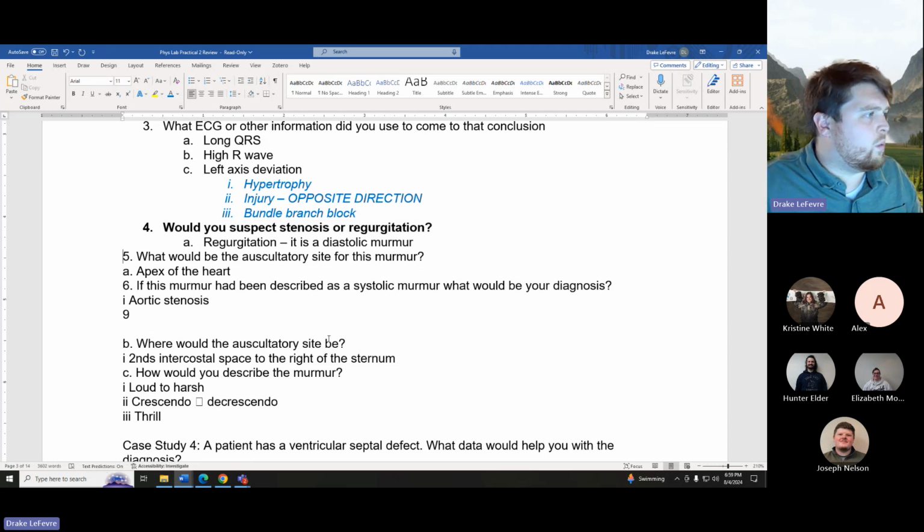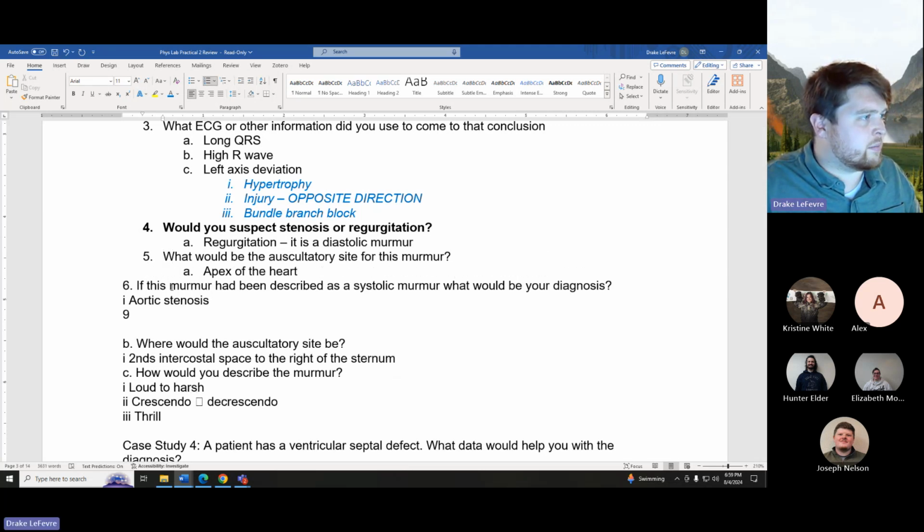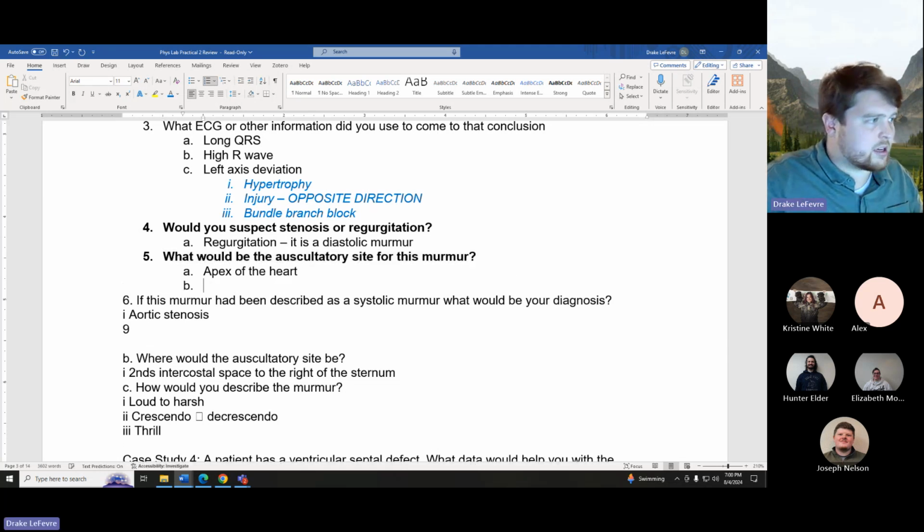And if you remember, where would we listen for this? This is where it gets a little bit weird because you technically would hear this at the apex of the heart, or you could hear it at the right second intercostal space.